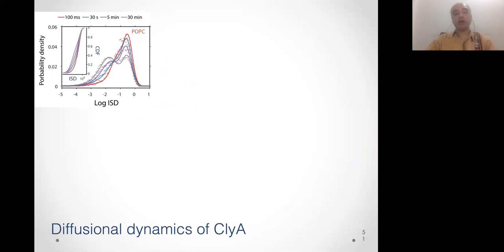But if you look at how they move around on the cell, and this is a slightly different way of plotting the diffusional properties, the instantaneous square displacement is plotted, which basically stands for how much it moved in very small steps.